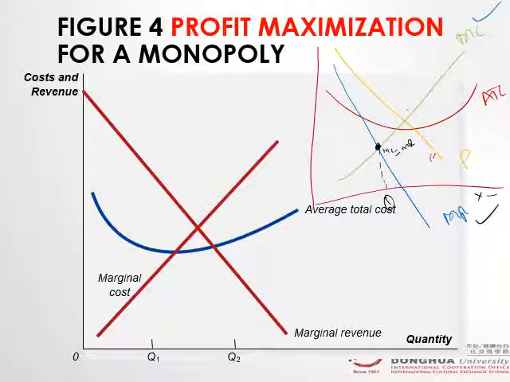And what is the cost of producing this maximum quantity? It is on the average total cost here. And how much is this point? You can find out this point here. So this is called the average total cost, right? And what is the selling price of these quantities?